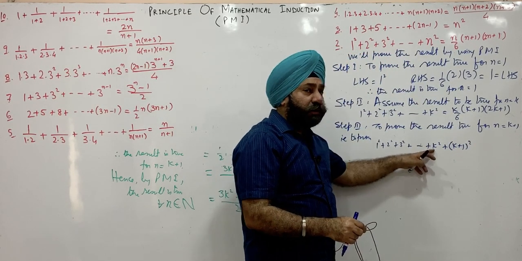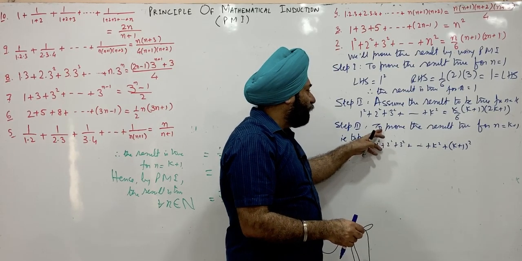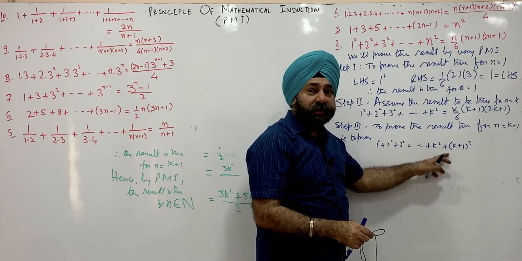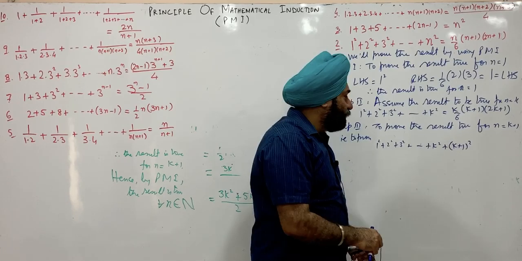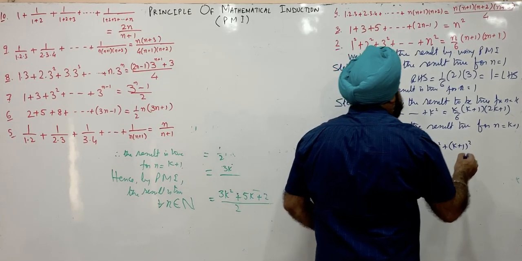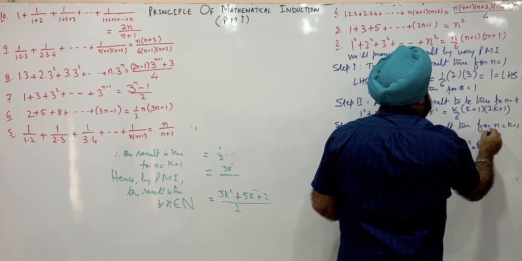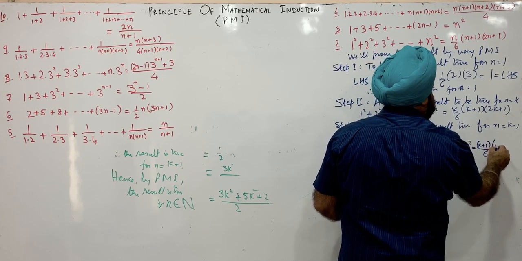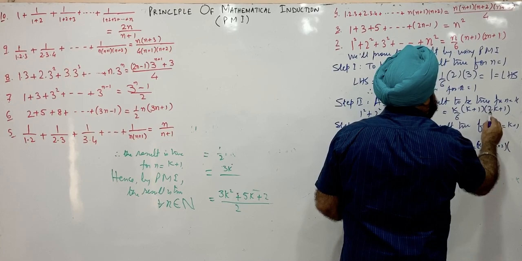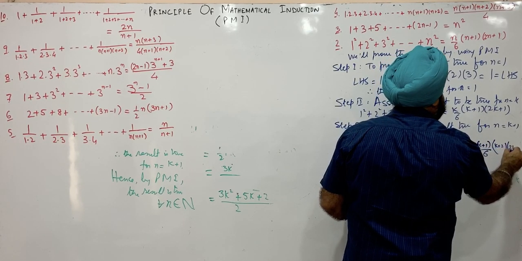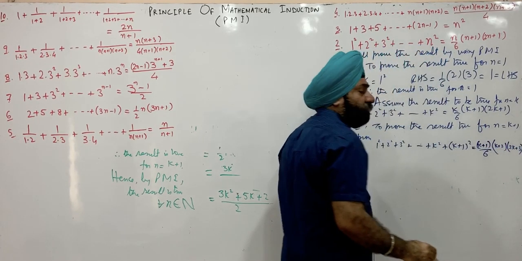So up to k square we have k terms. We have to prove the result true for n is equal to k plus 1. So we add the next term, which is k plus 1 square, and this is equal to k plus 1. This will be k plus 1 plus 1, k plus 2. This is 2k plus 2 plus 1, that is 2k plus 3.